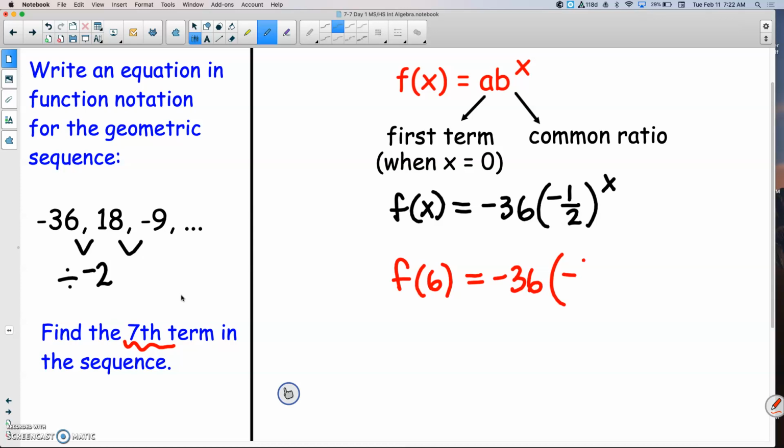So -36 times -1/2 to the power of 6 equals -0.5625. All right, that is it for today.